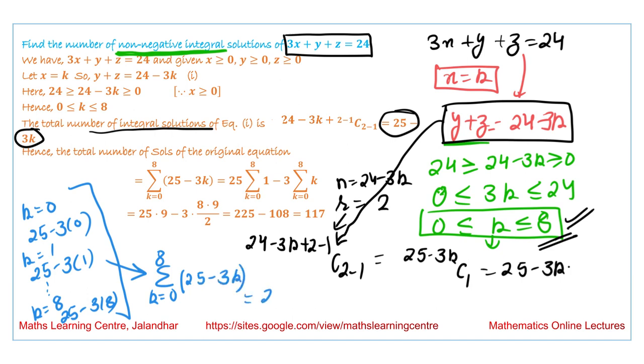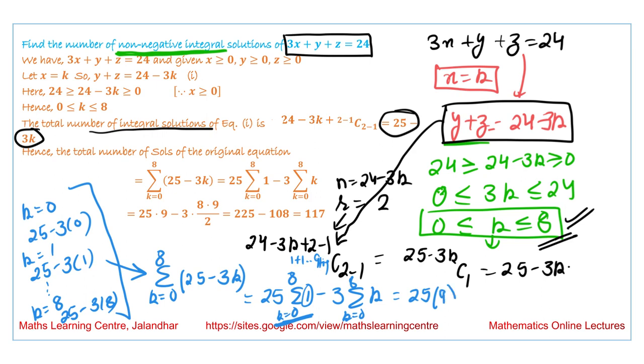This is equal to 25 times the sum of 1 for k equal to 0 to 8, minus 3 times the sum of k for k equal to 0 to 8. This gives us 25 into how many times this 1 is being added, 1 plus 1 and so on up to 9 times.